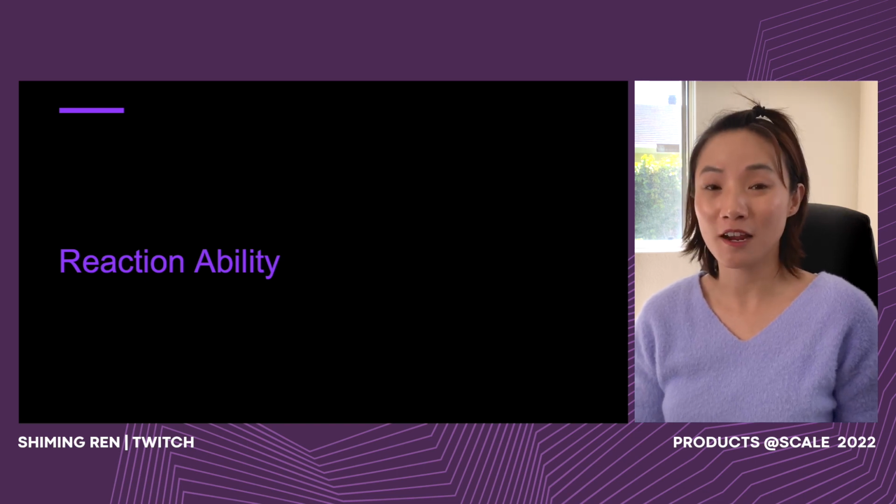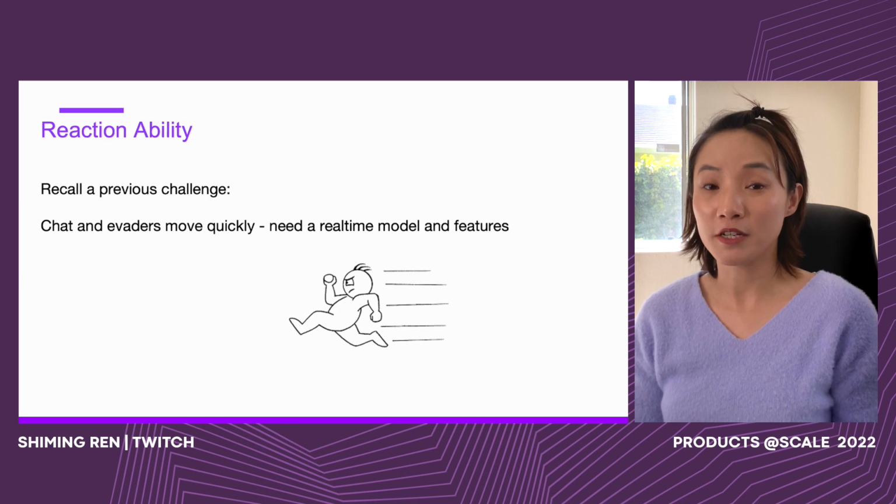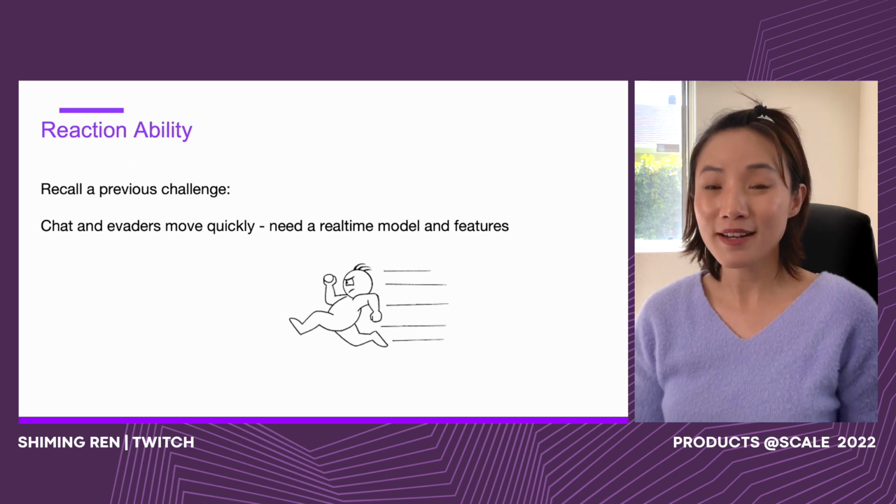So after discussing our scalability piece, let's check out reactionability. Recall a previous challenge: chat and evaders move really quickly, so we need real-time models and features. Reactionability represents the needs for real-time.